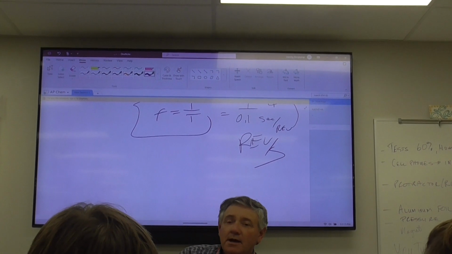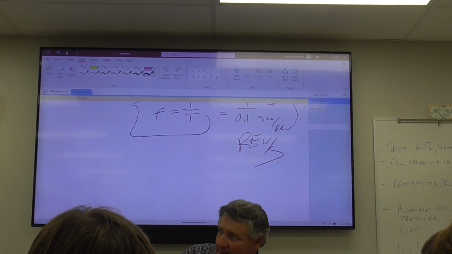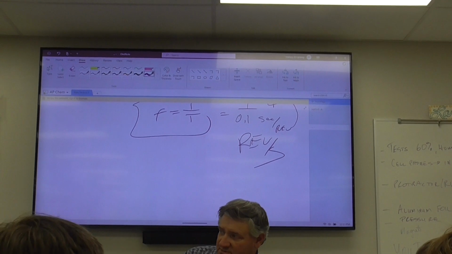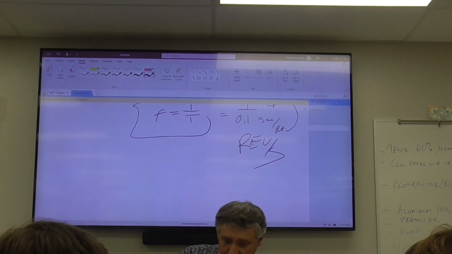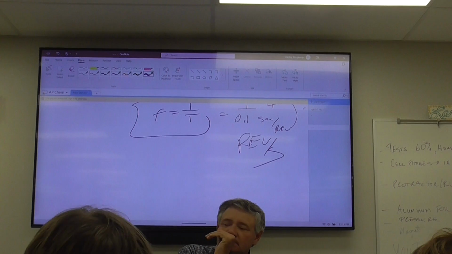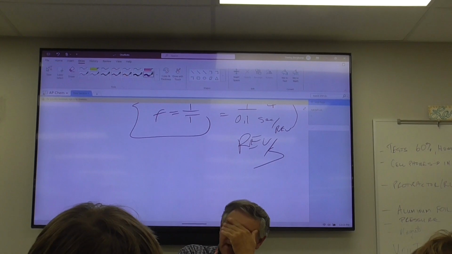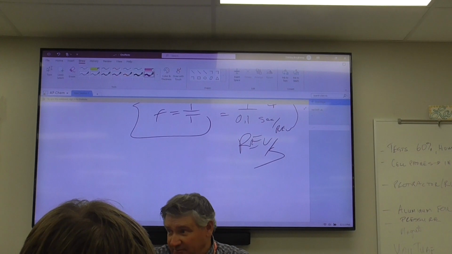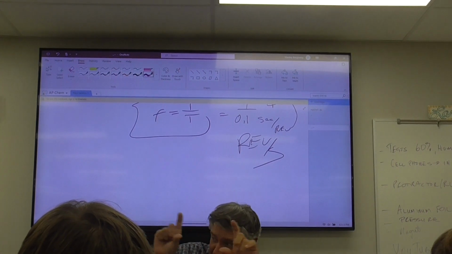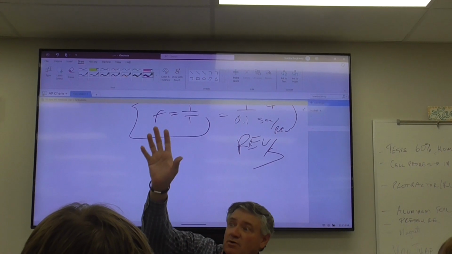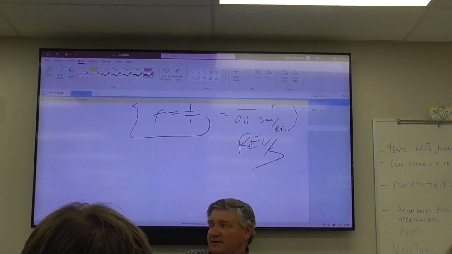And again, you can do smash mouth physics, or you can look at the elegant approach of mathematics. And if you're kind of iffy on that, go back and look at that assignment that I gave you that had the 3 graphs on the front of it. If you flip that over to page 2, there was a whole series of problems like that.